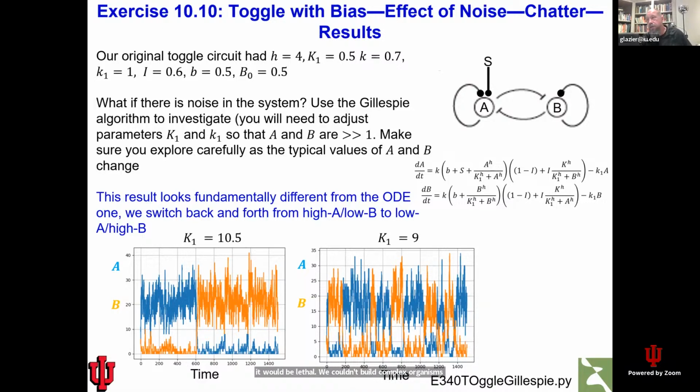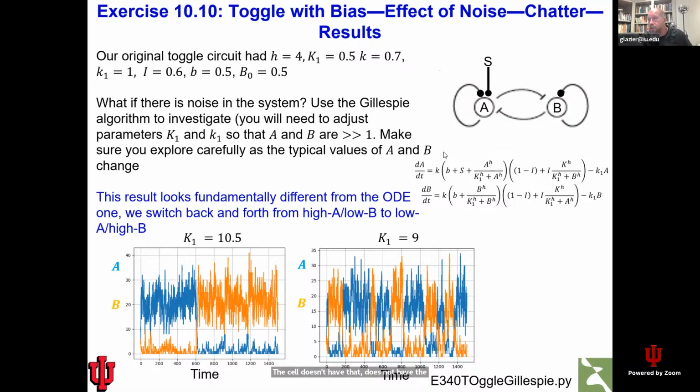Now, you can play with the parameter values and maybe make the time for the switches a little bit longer. You could make the number of copies bigger, but biologically you're limited. The number of copies that you can have in a cell is limited, because a cell does not have the ability to have that many copies.